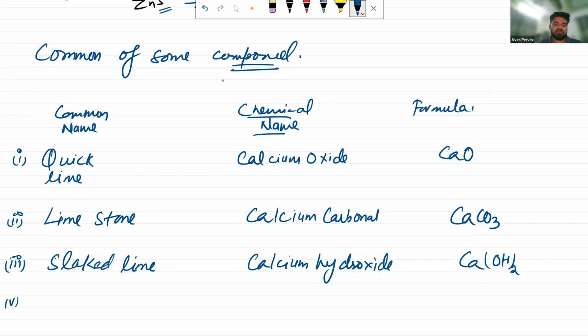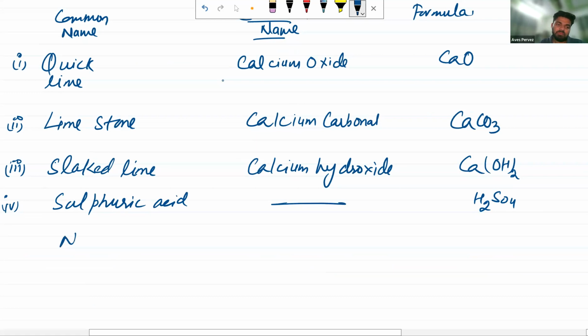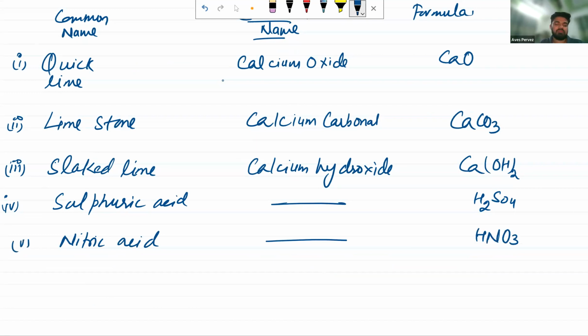Then the fourth one is sulfuric acid. It does not have any common name. We have H2SO4. Nitric acid is HNO3. Acetic acid, its common name is ethanoic acid.